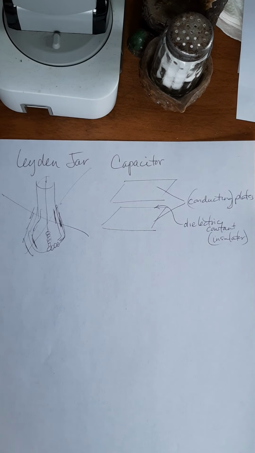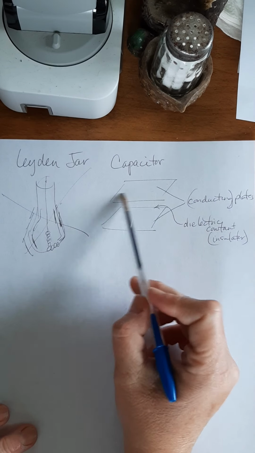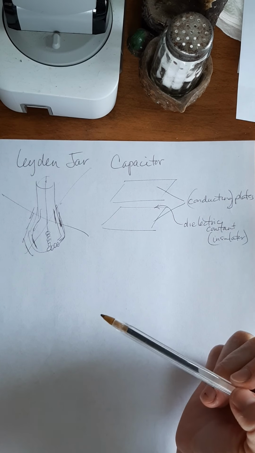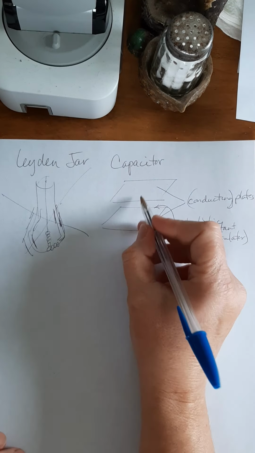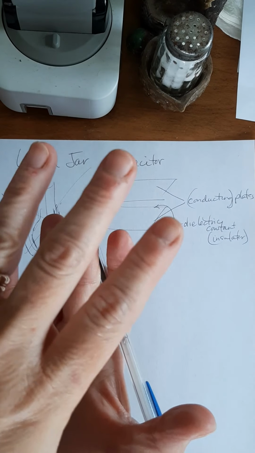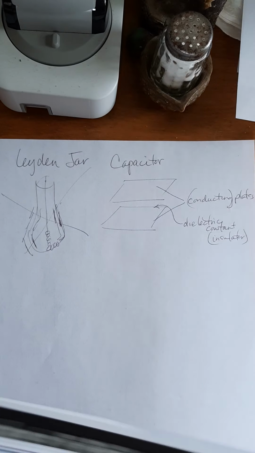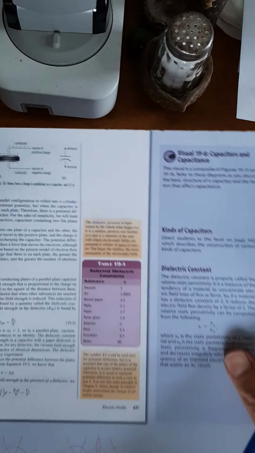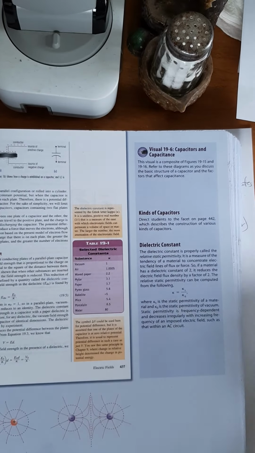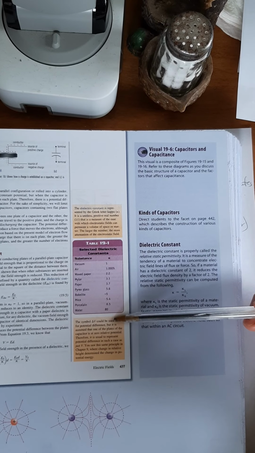Now there are three things that have to do with the strength of a capacitor: the size of the plates. The bigger the plates, the stronger the charge. The closer the plates, the stronger the charge. And another thing that affects it is the dielectric, as far as its value.